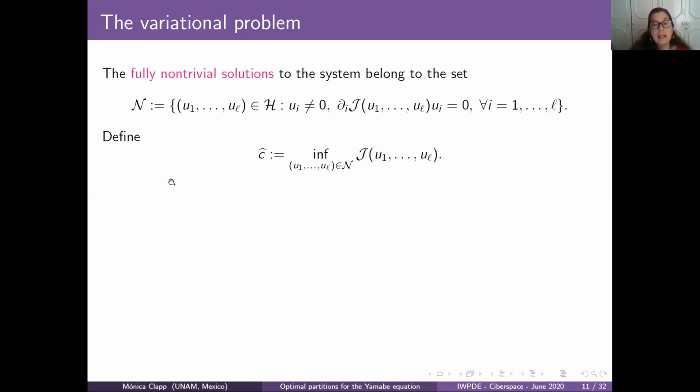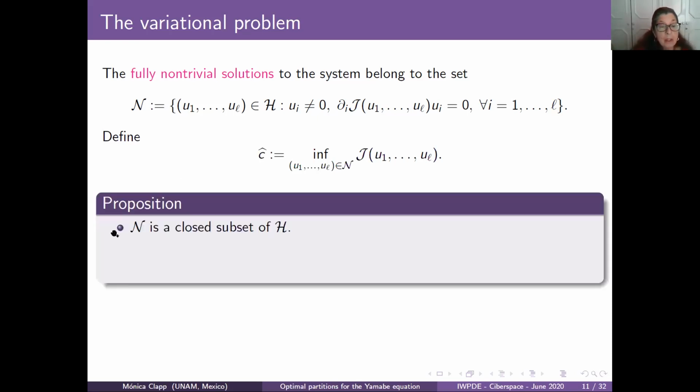Since the lambdas are all negative, this set N is indeed a closed subset of the product of the Sobolev spaces. Also, the infimum is bounded below by an expression which involves the Yamabe invariant. And since the Yamabe invariant is positive, this is bounded below by a positive constant.